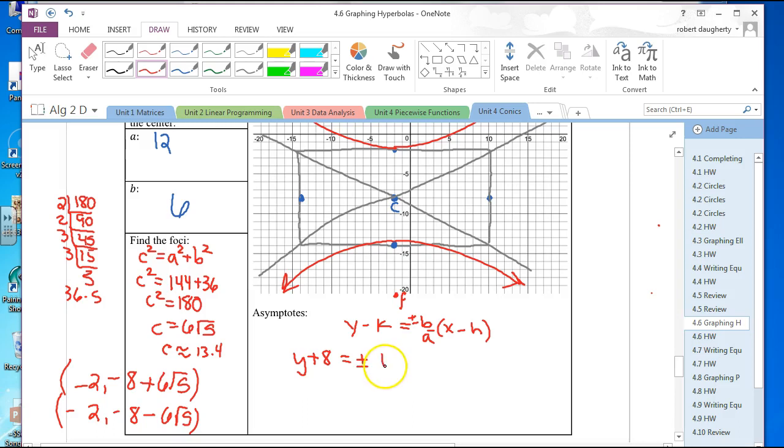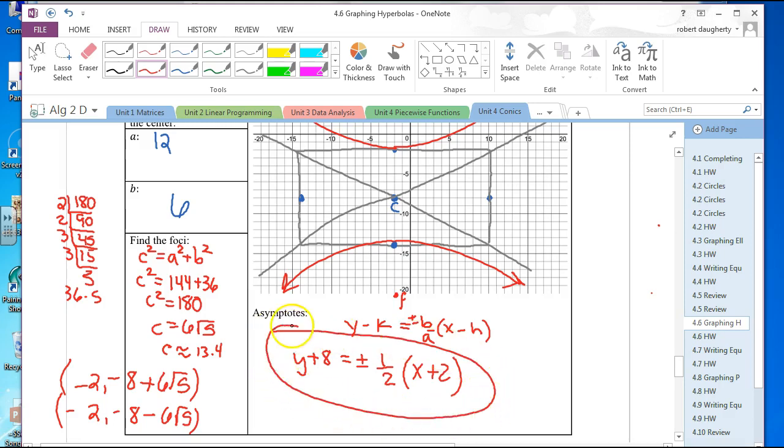On Tuesdays, we call that 1/2, okay? x minus h is going to be what? x plus 2. Guys, don't miss points on this. This is just know the formula, plug in the 4 numbers. There's no algebra there, okay? I could have Microsoft Word find and replace, find A, and instead of A, plug in 12, okay?